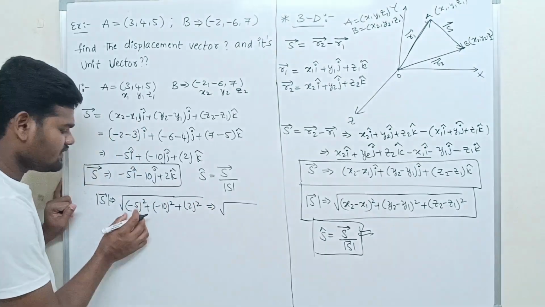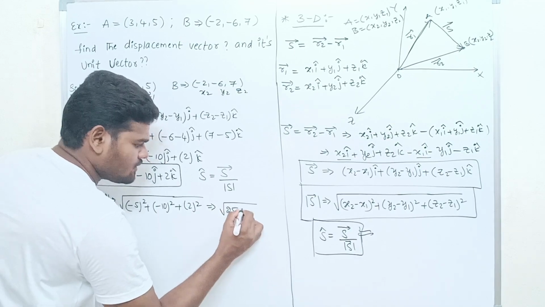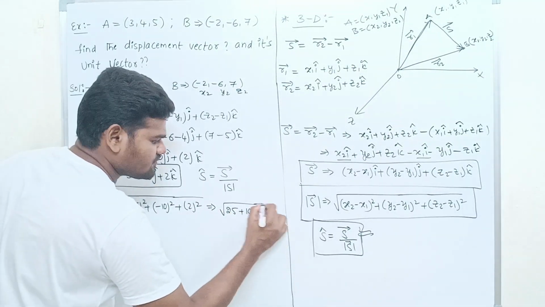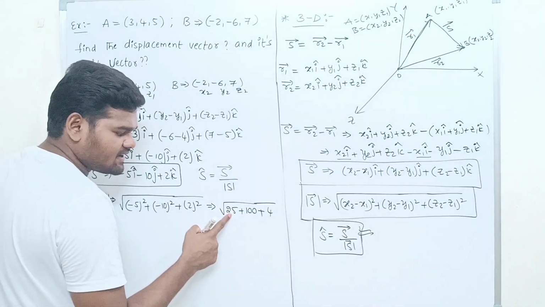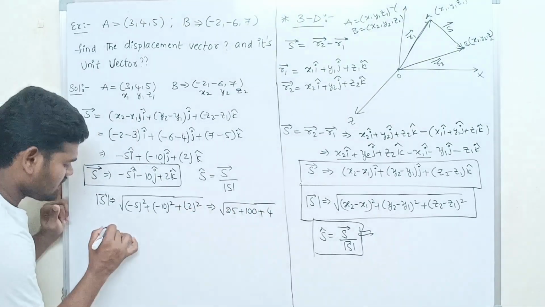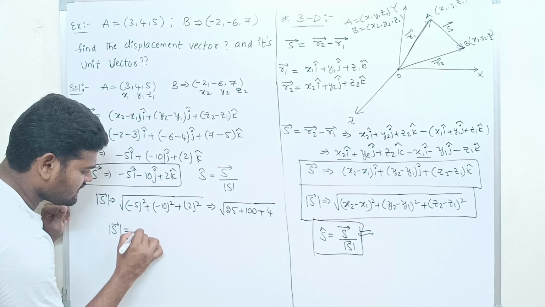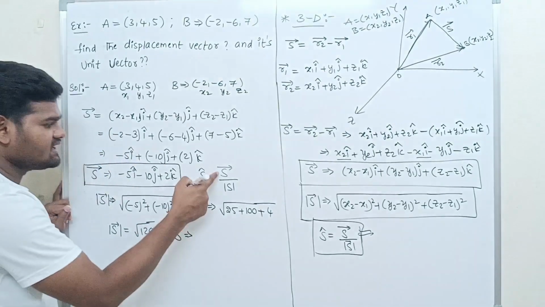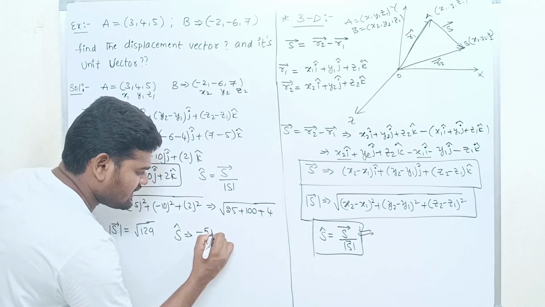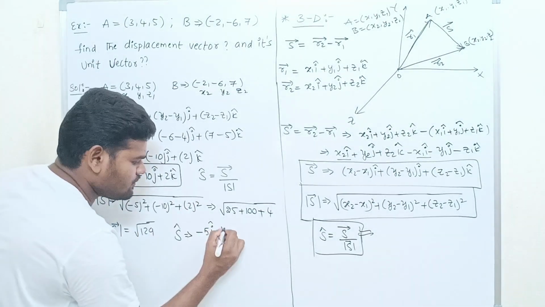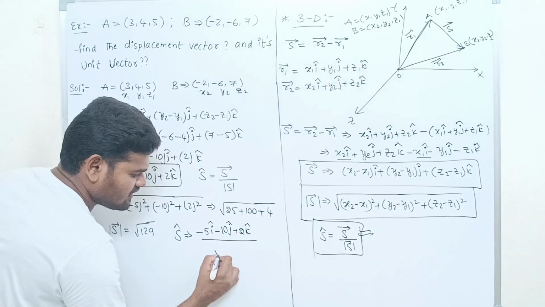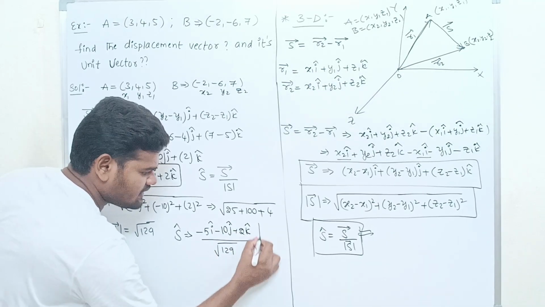That is the square root of 25 plus 100 plus 4, which is 129. Root 129. So the unit vector S cap is equal to (-5 i cap minus 10 j cap plus 2 k cap) divided by root 129.